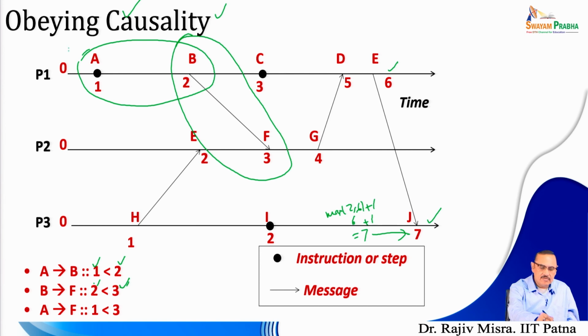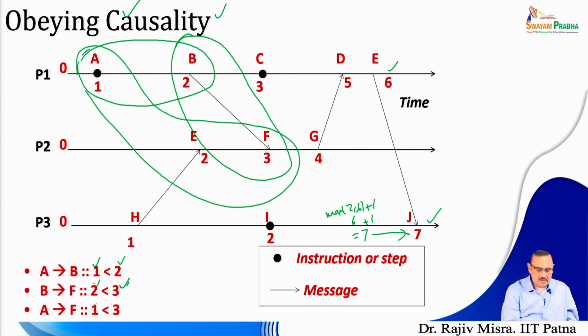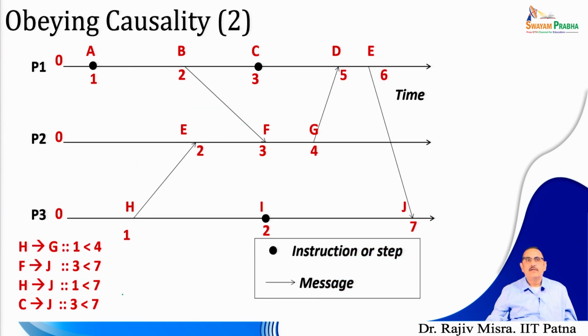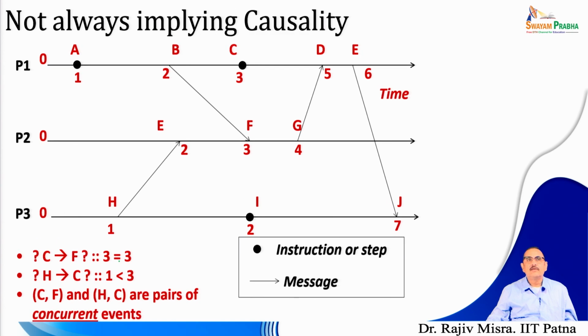For A and F, the clock value of A is 1, which is less than 3. So, therefore, they are obeying the causality relationship. Here also we can see that all the relations are being obeyed in causality.